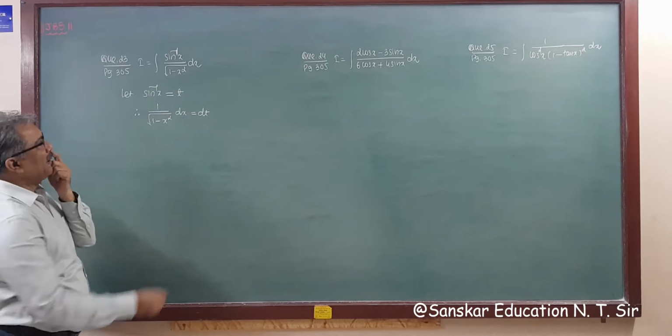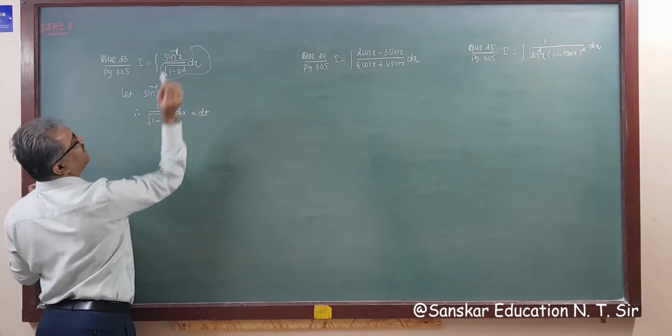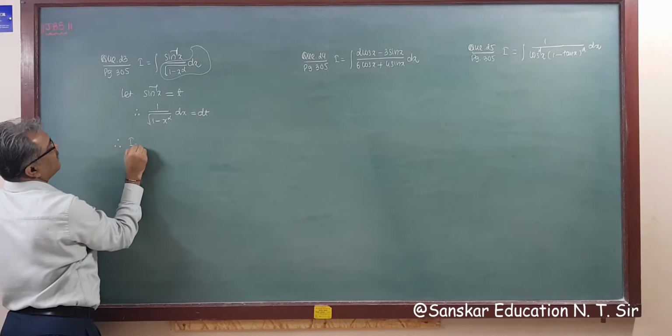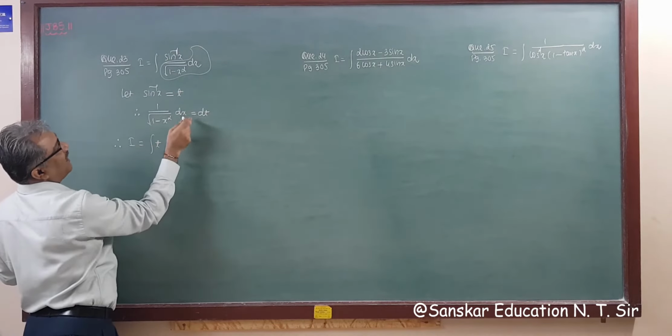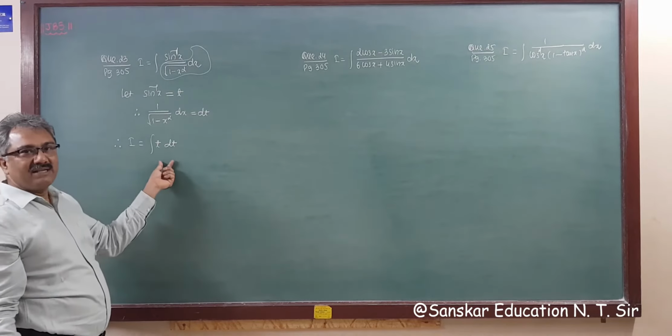That means this whole part is your complete dt. So I is equal to the integration of t dt, and the integration of this is now very easy for you.